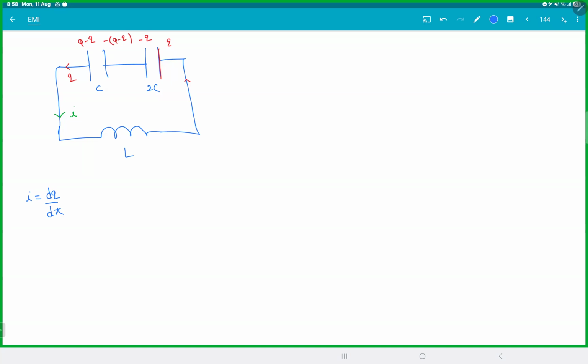So what is the equation? Q minus q by C minus L di by dt minus q by 2C is equal to 0. I is nothing but dq by dt, so di by dt is d squared q by dt squared.